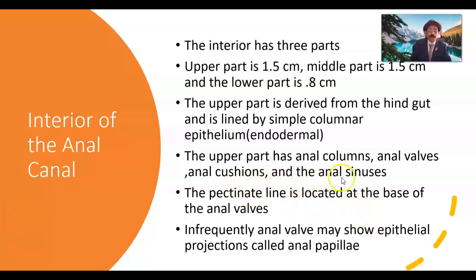We'll get anal sinuses just above the anal valve. The pectinate line is located at the base of the anal valve, also called the dentate line. Infrequently, the anal valve may show epithelial projections called anal papillae.